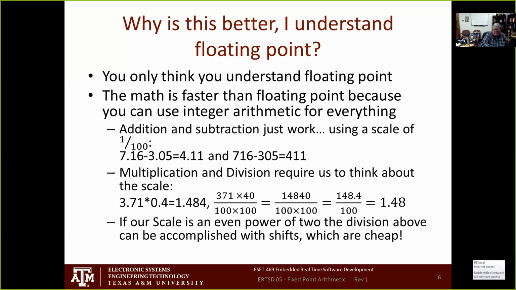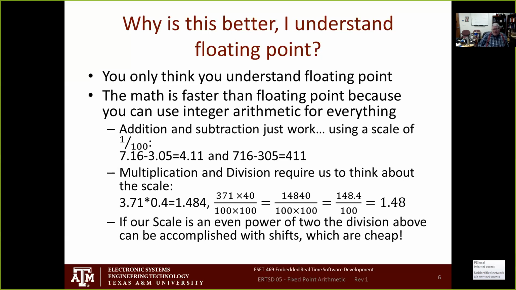So this is the decimal equivalent of doing a multiplication in fixed point. To do that multiplication, I've got this implied exponent of 1 over 100 for both of these guys. And so I've got 3.71 times 0.4, and I know that that's ultimately going to equal 1.48, but where do we come up with that?